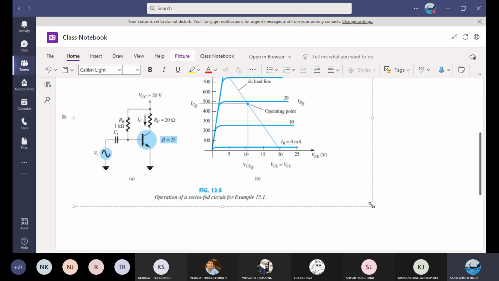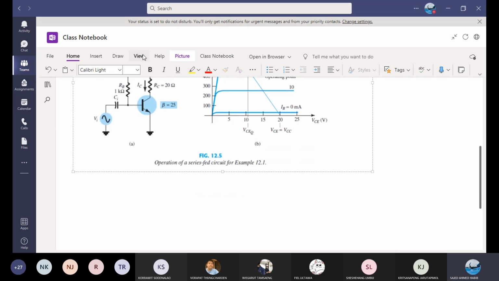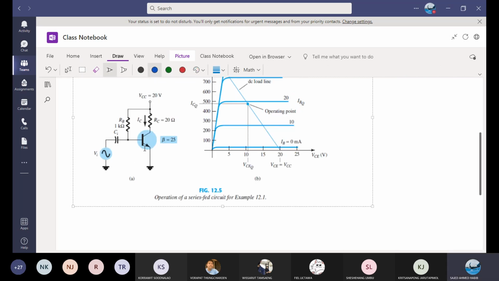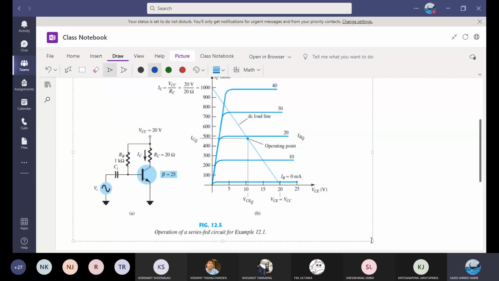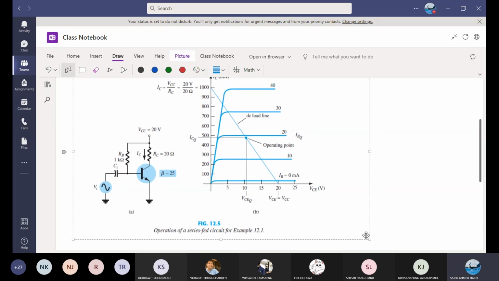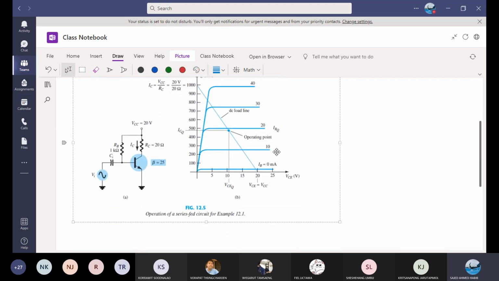First, let's calculate the IB, everyone. IBQ. What should we write for IBQ? VCC minus VBE divided by 1 kilo ohm, isn't it? 20 minus 0.7 divided by 1K. What do you get? I think I'm going to change the screen a bit. How do you calculate IBQ?